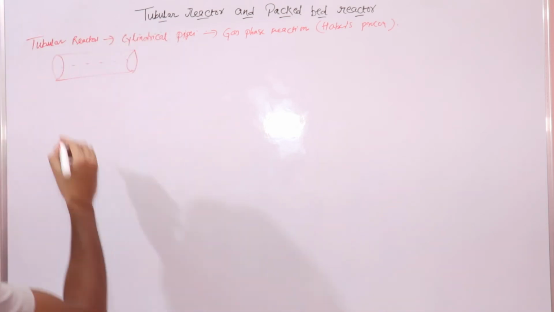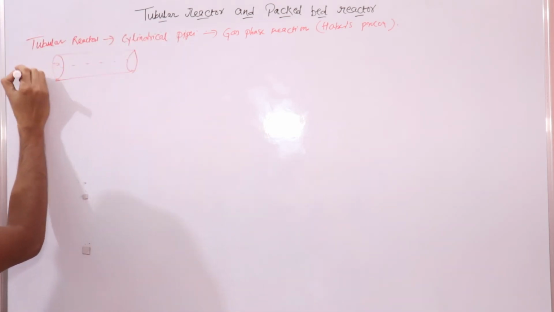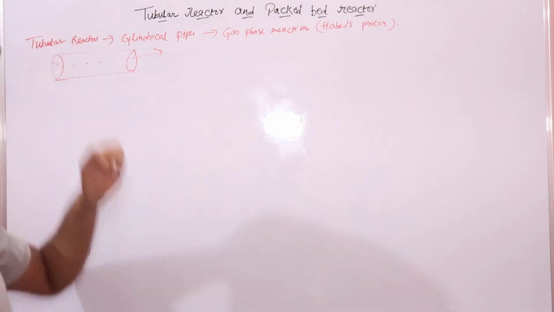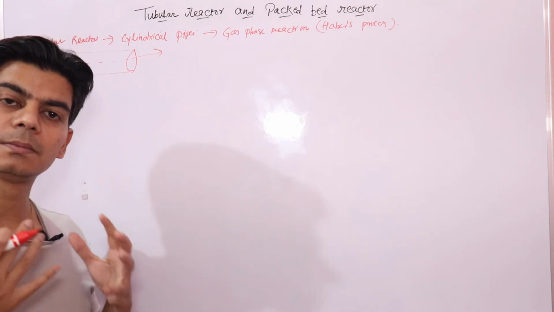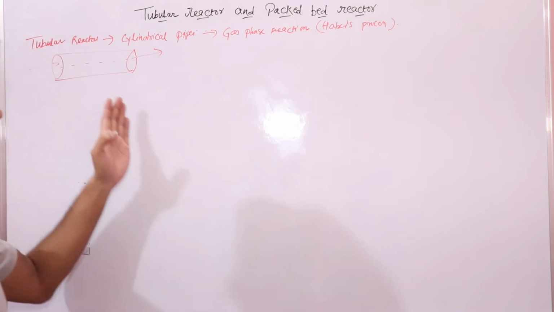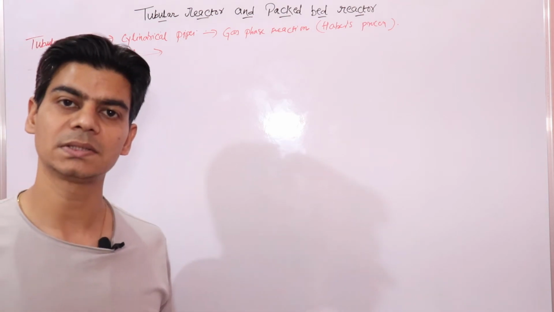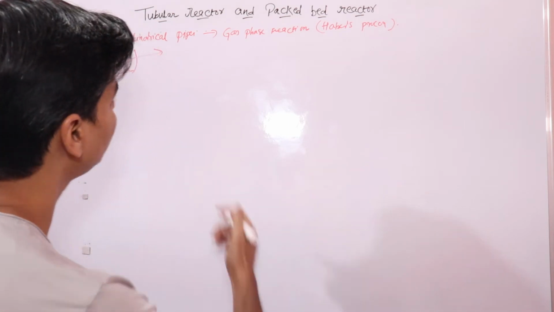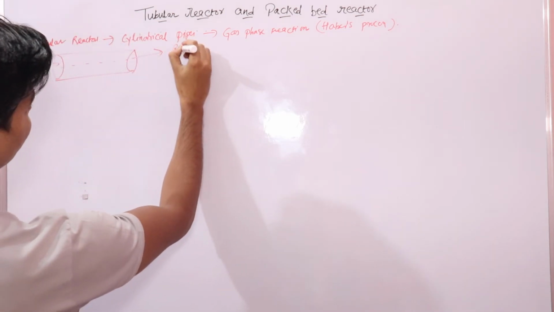So reactants are fed from this end, and products will come out from this end. While reactants travel the axial length of this reactor, they will continuously react inside the reactor. That is, reactants will get continuously consumed inside the reactor. This is an important point for this reactor.